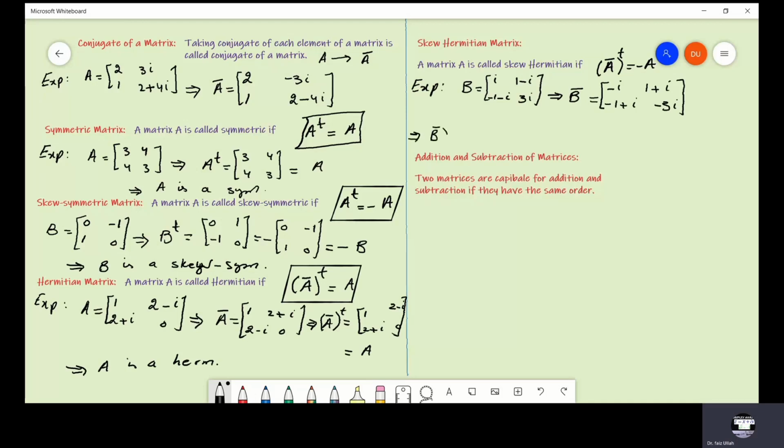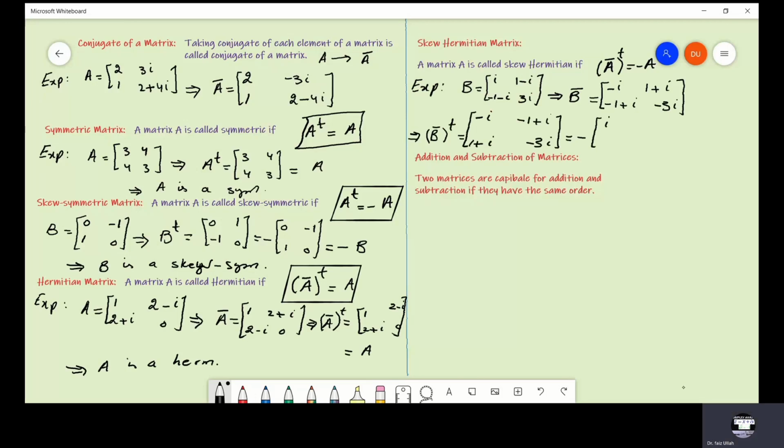So B conjugate whole transpose is equal to, let us write first row in first column, minus iota, 1 plus iota. Second row in second column, minus 1 plus iota, minus 3 iota. Let us take minus common from this.